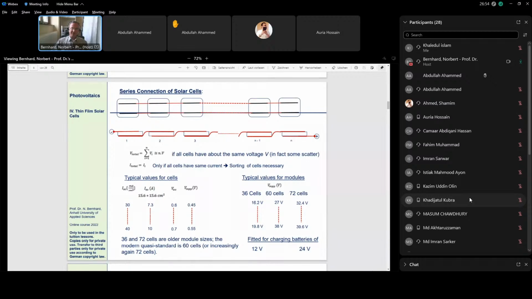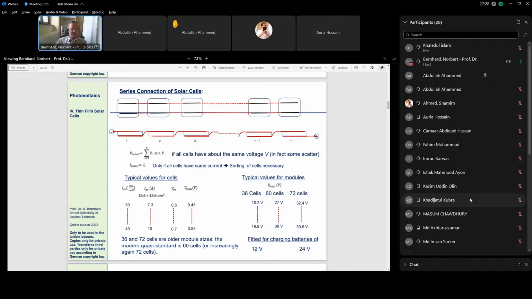And you see the current density is typically between 30 and 40 milliamps per square centimeter, which means a current of 7.3 to 10 amps for the standard cell size. Okay, the open circuit voltage is between 0.6 and 0.7 volts. That means that the maximum power point voltage is slightly less. It's around half a volt, as I mentioned already.